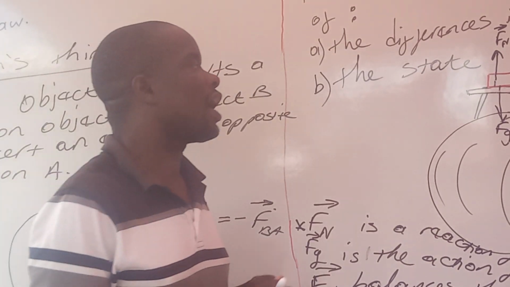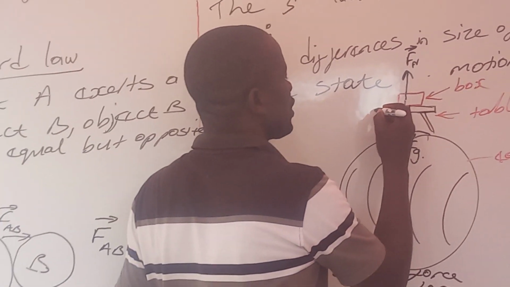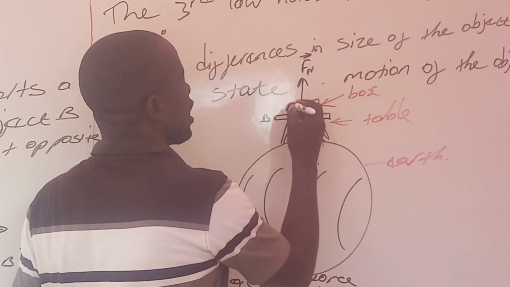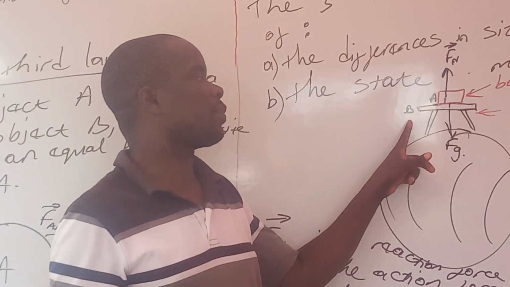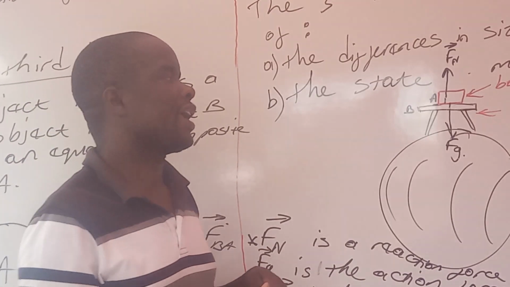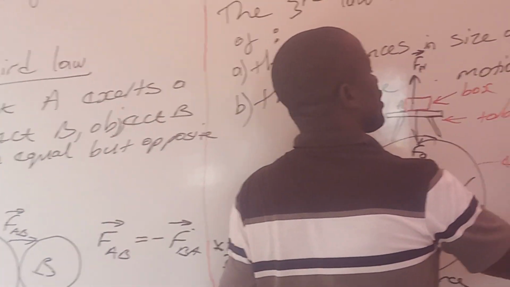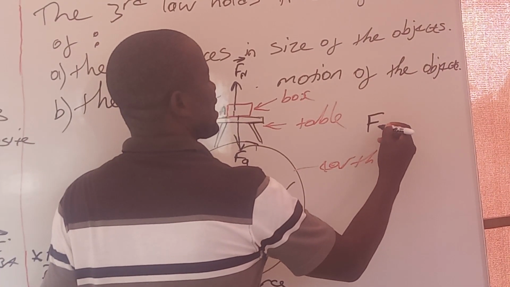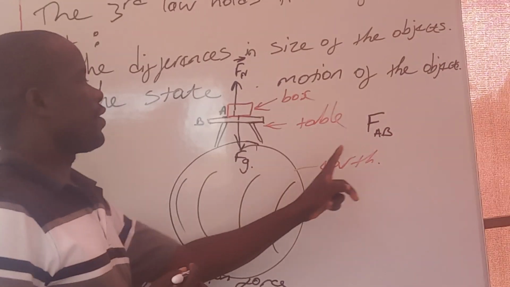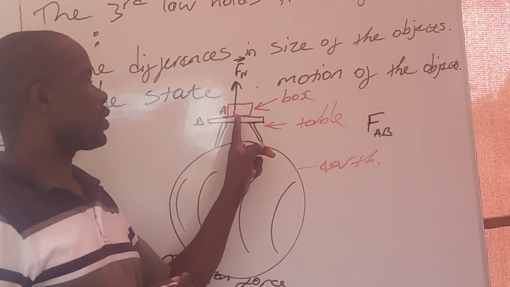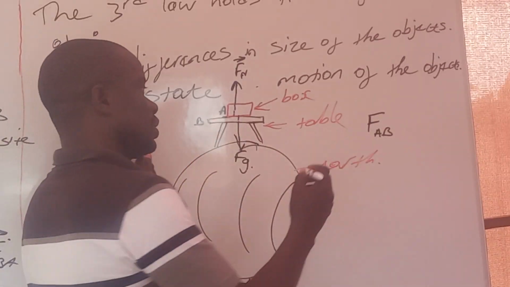So, if we are to say that our table is object B and our box is object A, we can say the force exerted by the box on the table, right?